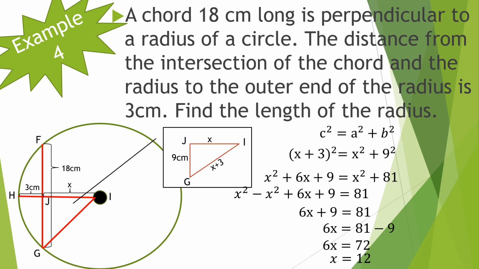So X is equal to 12. That is only JI. So what is now the radius of the circle, which is GI? That is 12 plus 3, equal to 15 centimeters. That is now the length of the radius.